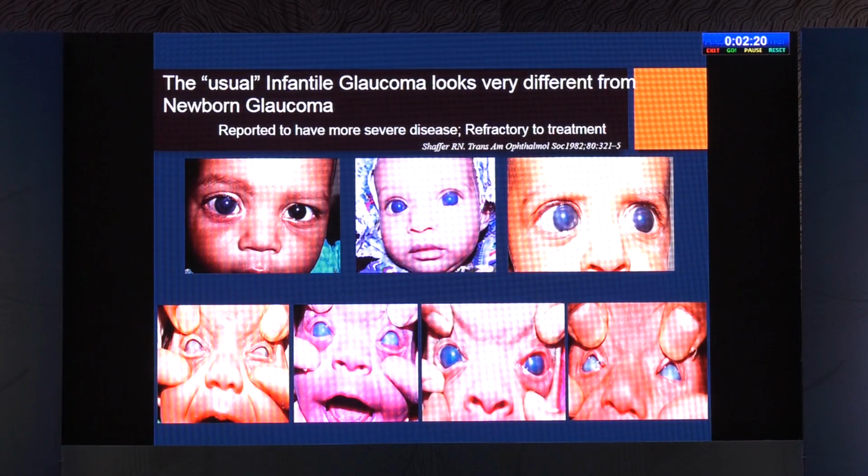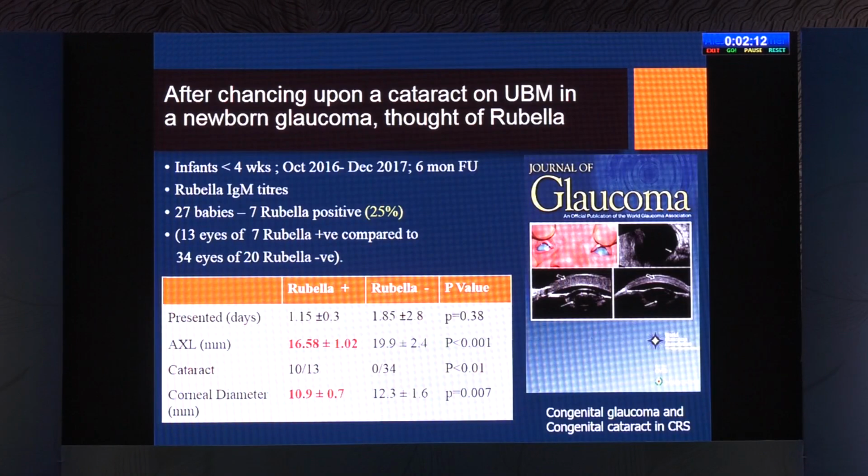Just one caveat, is all newborn glaucoma really PCG? We had this problem of why the neonatal glaucoma behaves so differently from the infantile ones, and to our horror, we saw this was a turning point really in our thinking of childhood glaucoma, because when we did a UBM, we saw a nuclear cataract. And when we started testing them, then they were rubella. So we've done a lot of rubella testing for neonatal glaucoma since.